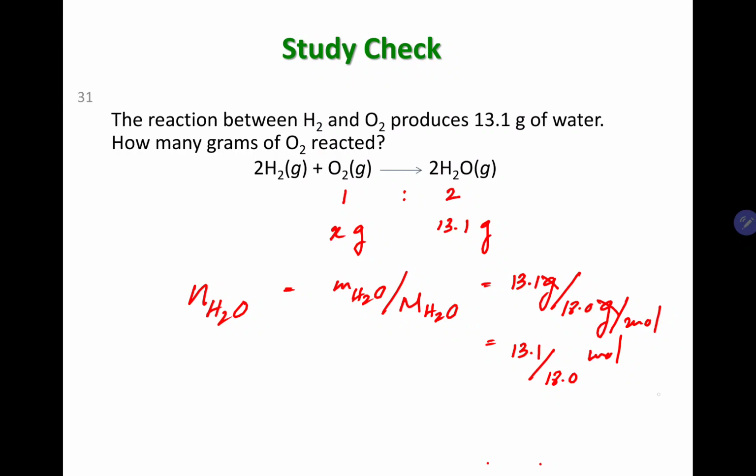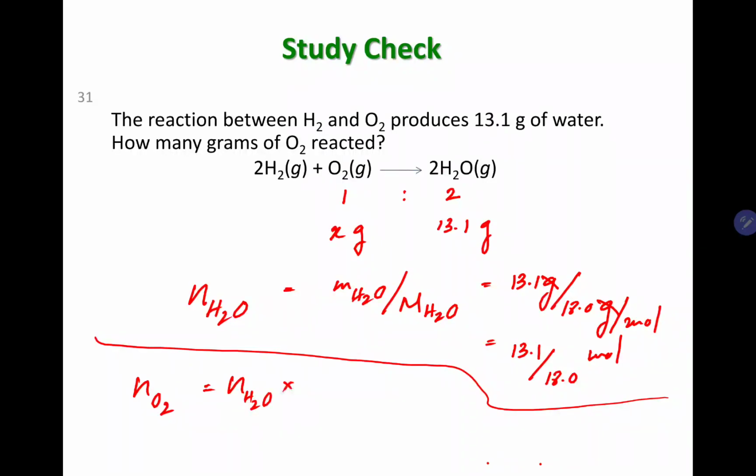Once you have moles of water, you want to calculate the moles of oxygen, because they want us to calculate the grams of oxygen. To do that, you need the moles of oxygen. So you will take the moles of water and multiply it by a mole factor, which is constructed using the coefficients of the stoichiometric ratio between water and oxygen.